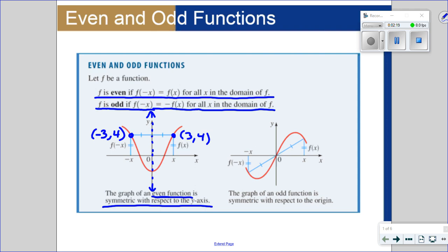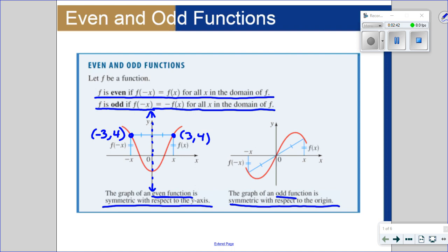Okay, so if you're ever looking at a table of values and you're comparing two functions, if all the x-coordinates are opposite but the y-coordinates are the same, then you know it's an even function.